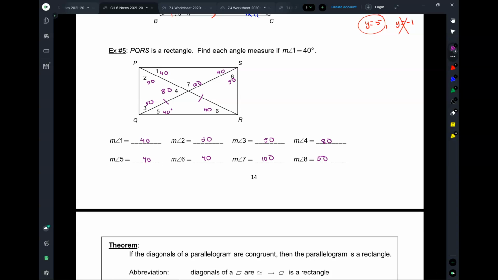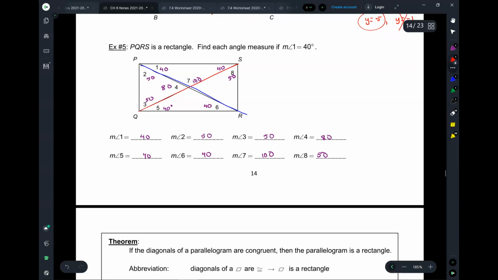I don't understand the isosceles thing. Okay, so you know that the diagonals are congruent. So this entire diagonal is equal to this entire diagonal. Okay? We also know that the diagonals bisect each other.